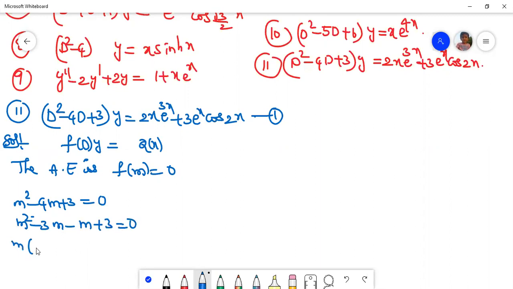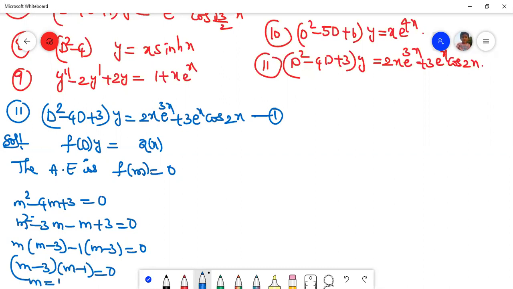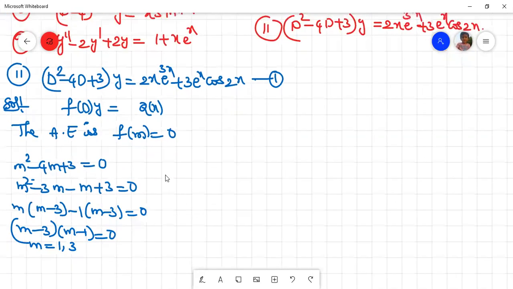Taking m common from the first two terms, m minus 3, minus 1 common, m minus 3 equal to 0. The factors are m minus 3 and m minus 1 equal to 0. So the roots are m equal to 1 and 3. Here the roots are real and distinct roots.